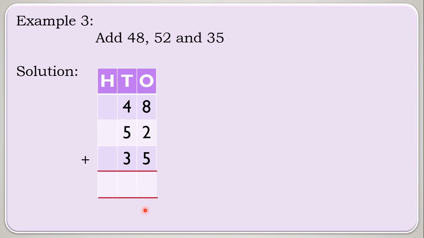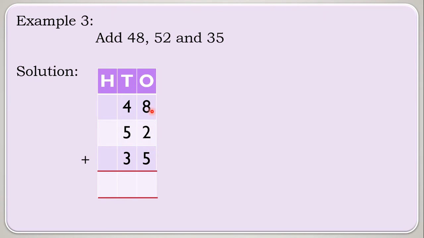Let us write down these numbers one below the other as we did earlier, as per their place values. 48, 52, 35. Here in 48, 8 is in ones place, 4 is in tens place. In the number 52, 2 is in ones place, 5 is in tens place. In 35, 5 is in ones place, 3 is in tens place.